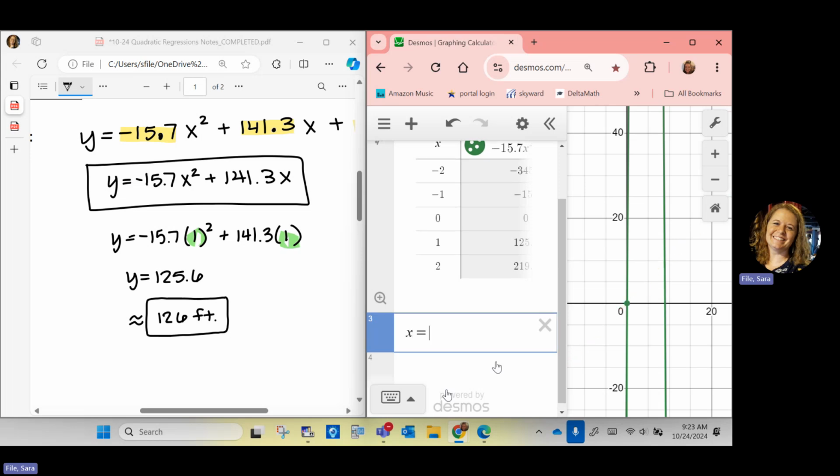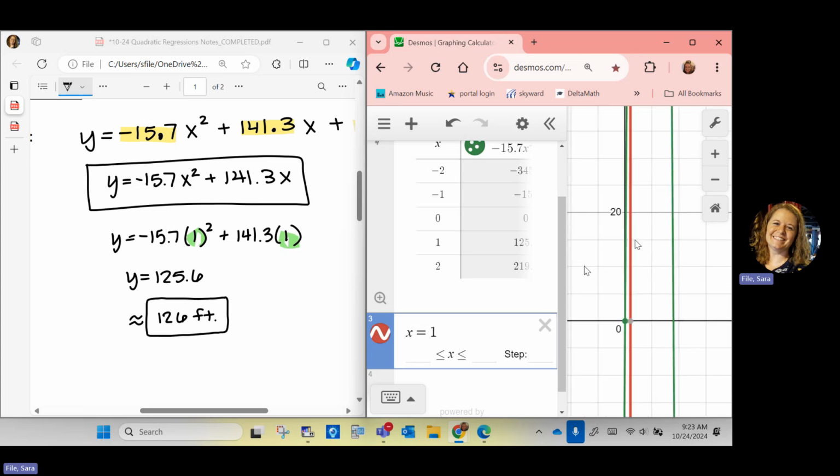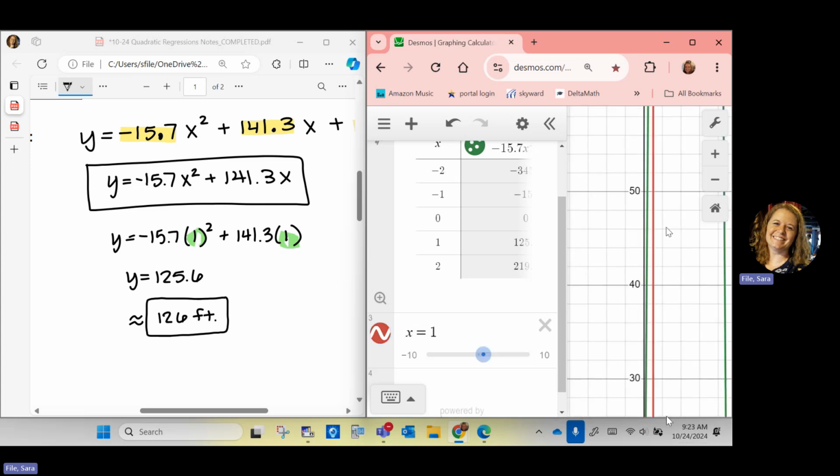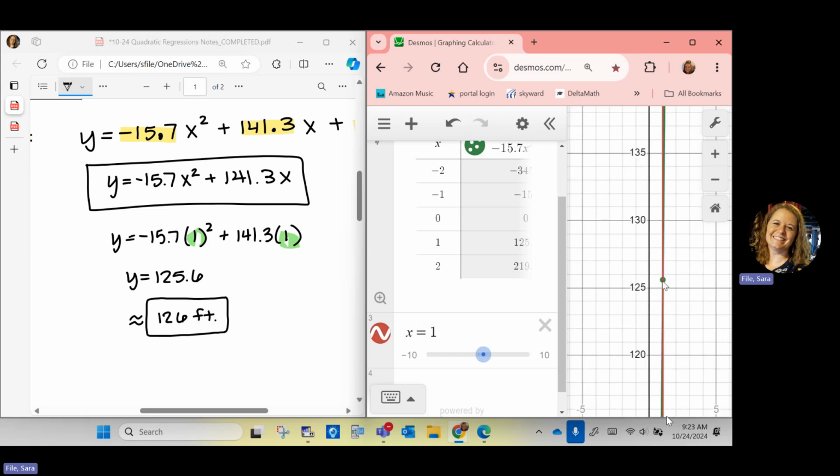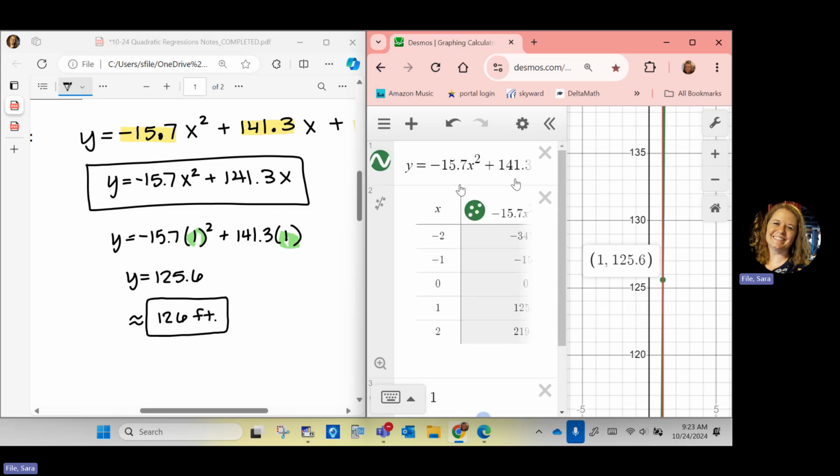They're saying when X is 1, and it'll draw a line where X is 1, and you're looking for that intersection. Okay, and I can see that intersection right there. When X is 1, that's Y. So you can use the graph, you can use the table, you could plug it into the equation and calculate. So you've got a few options.